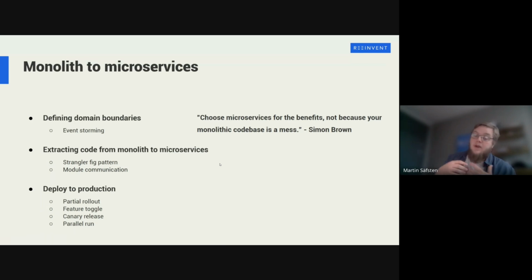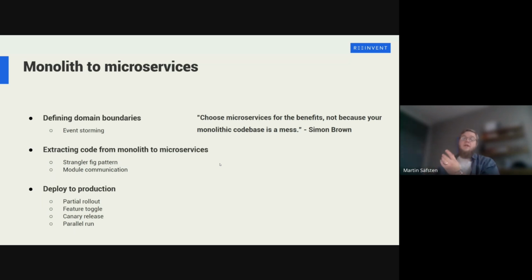Partial rollout, where just a smaller amount of people get the actual new version. Feature toggling, of course, and canary release, where people can opt to use the modern version, and parallel run, having the old and new running at the same time.